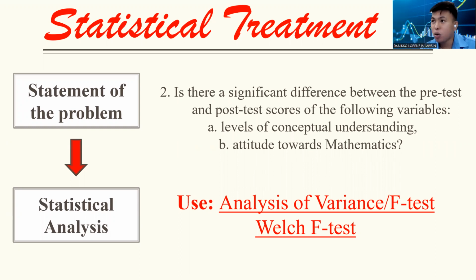So if your scores are not normally distributed, rather skewed, you have to use the Welch F-test. Okay? So if the assumptions of ANOVA or F-test are not met, you have to use its other variant, which is the Welch F-test. Okay?